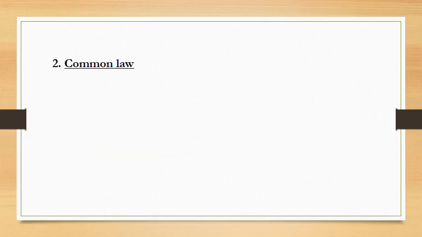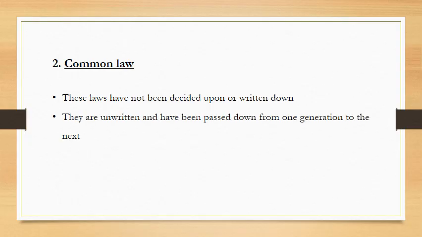Secondly, we have to follow common law. Our common law has not been decided. People didn't sit down and decide this will be that and that will be that. They're not written down anywhere, but it's common sense, common things that have been passed down from one generation to the next.